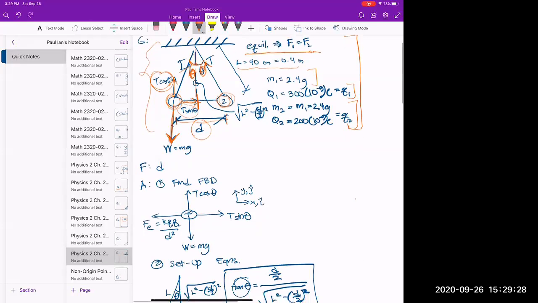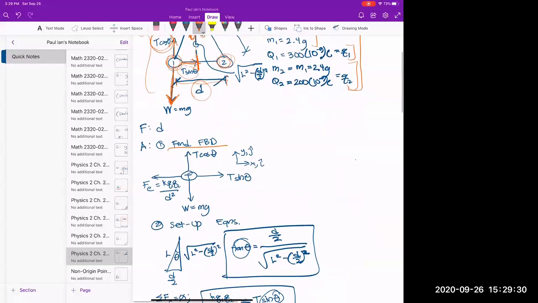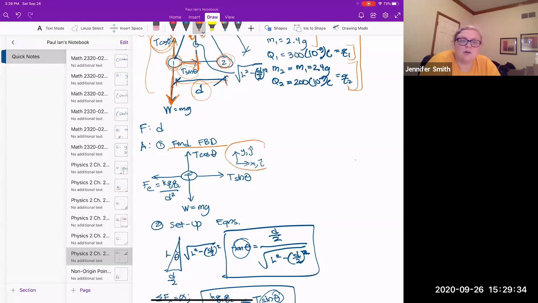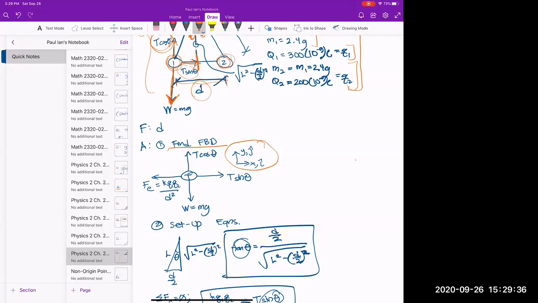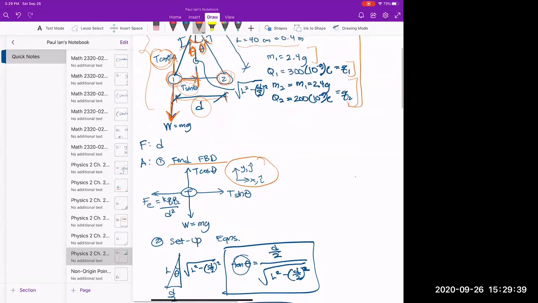So after you do that, same thing: free body. I like this one because it has forces now. So you have the Y and the X, and whatever you drew from the assumptions, just simplify it. So you have the positive charges, T sine up, T cosine, Coulomb's force left, and then W going down.